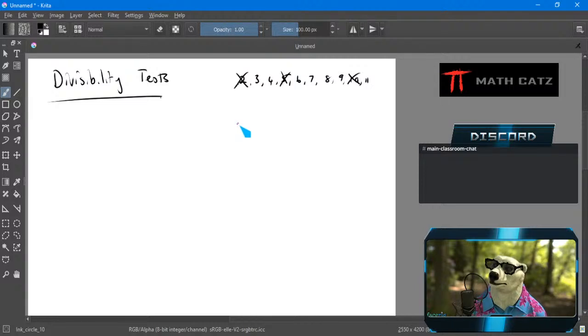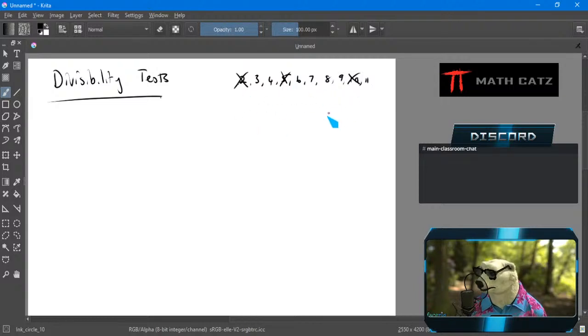Most of us don't even think about checking if a number is divisible by 10, divisible by 5, divisible by 2. We're so used to it. But for a student seeing this for the first time, it might not be that straightforward and obvious. Why do I only need to check the last digit? If it satisfies some properties, then I know if it's going to be divisible by 10, 5, or 2.